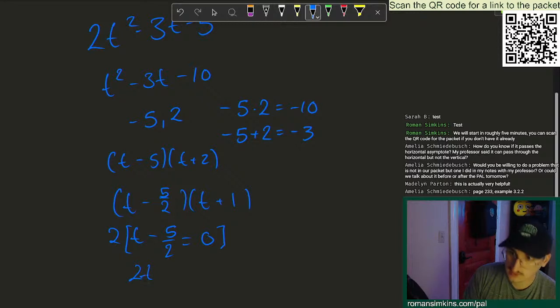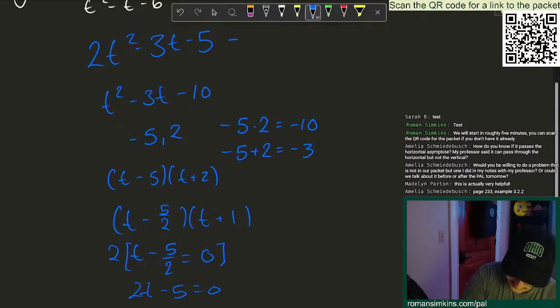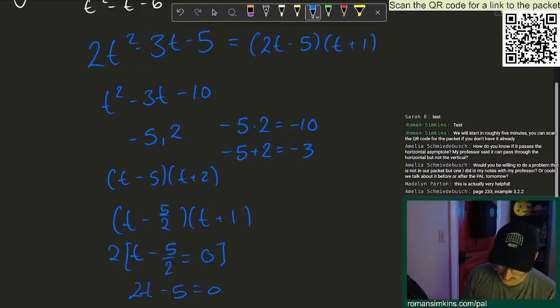I get 2t minus 5 because the 2's cancel, and then that's my new factor. And so what we end up getting in the final answer is that this thing equals 2t minus 5 times t plus 1. So hopefully that makes sense.